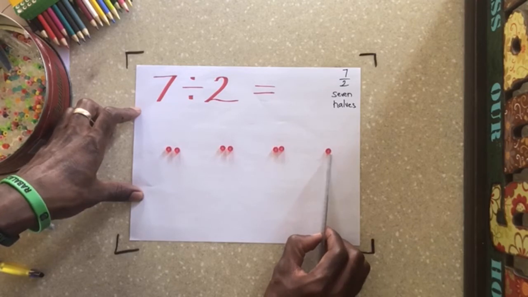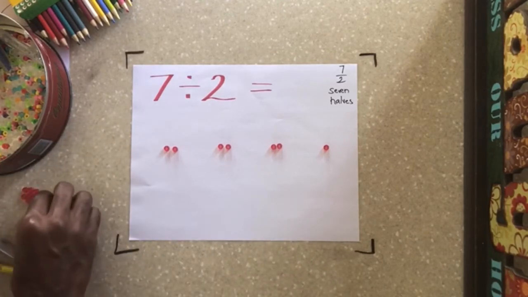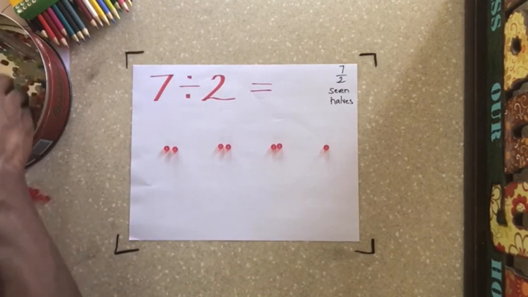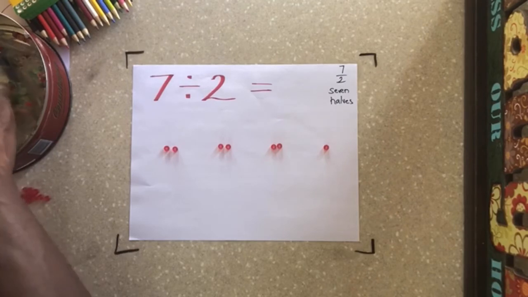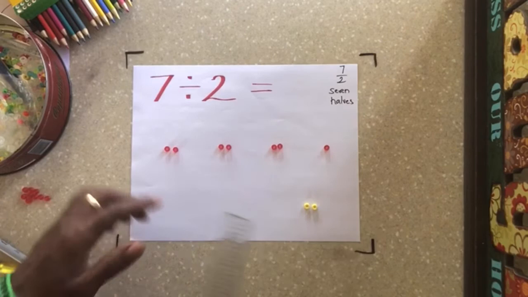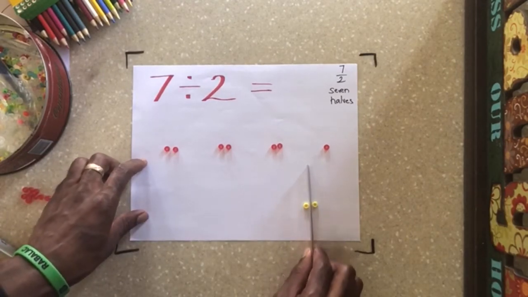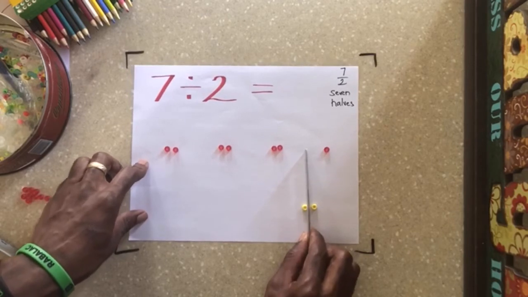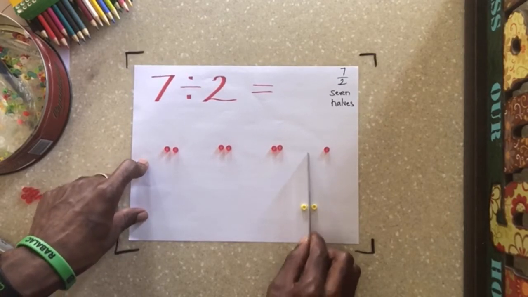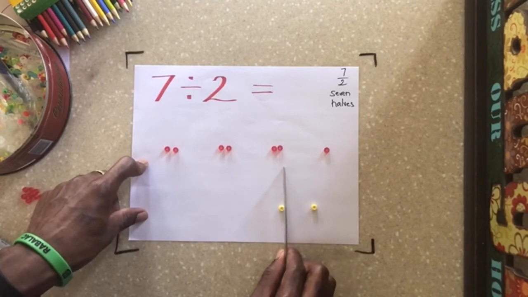1 is a half of 2. So if you take 2 things, like I'm going to show you now, and use different color beads for this example, I think we're going to use the yellow one. If we take 2 things and separate them into 2, which is basically breaking it into halves, then a half of the 2 things would be 1, and the other half would be another 1.